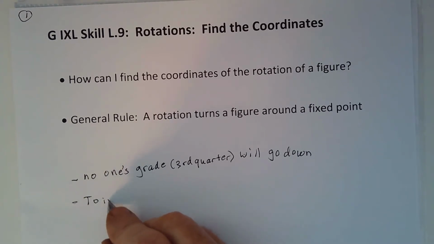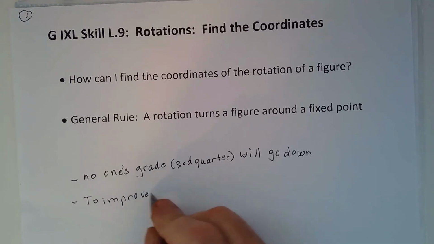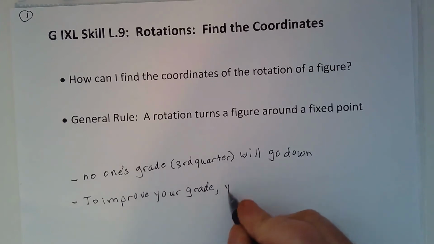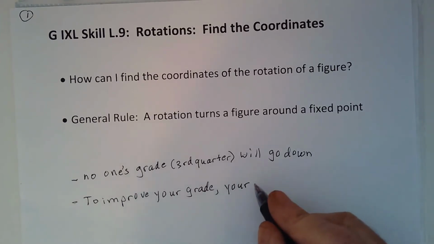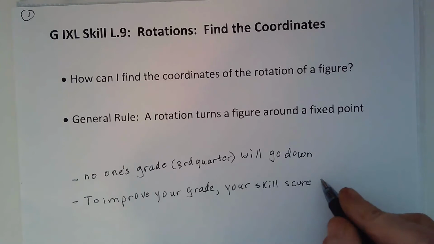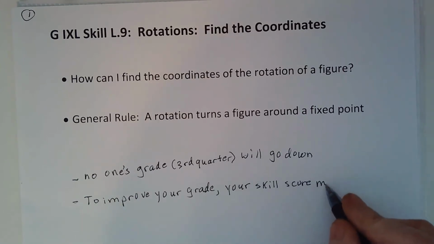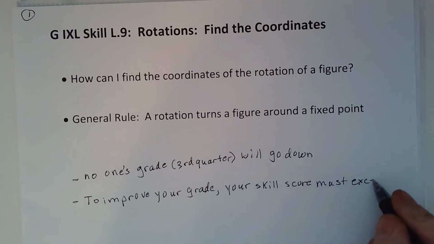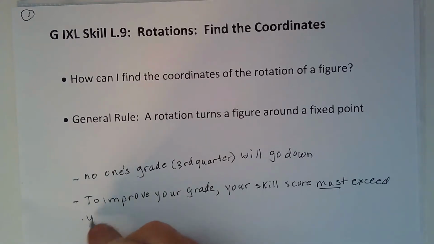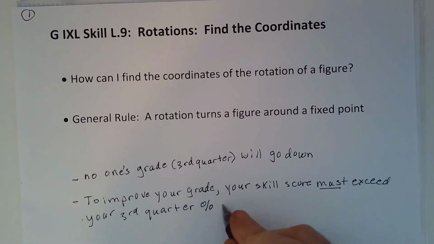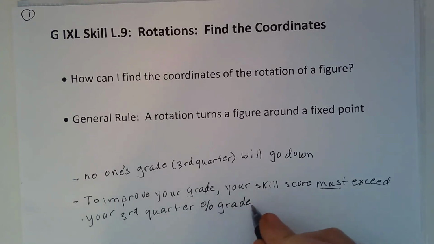So, to improve your grade, your skill score must exceed your third quarter percent score. Okay? So that's the simple rule.